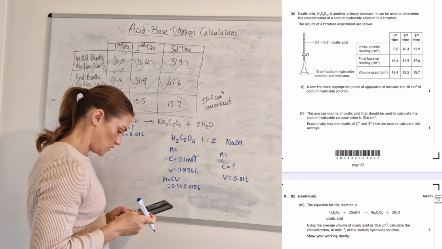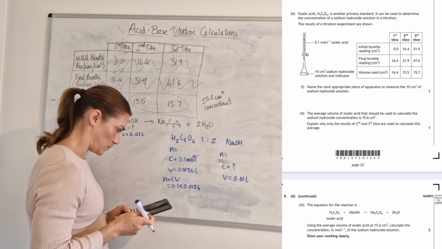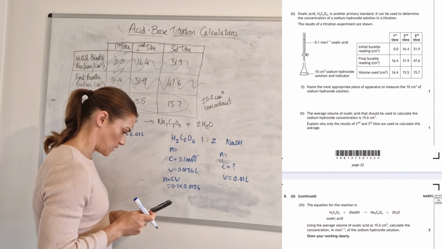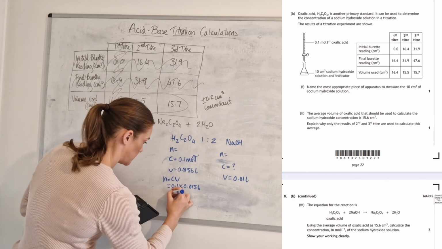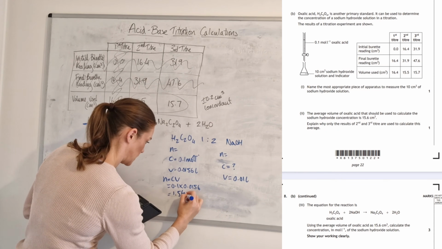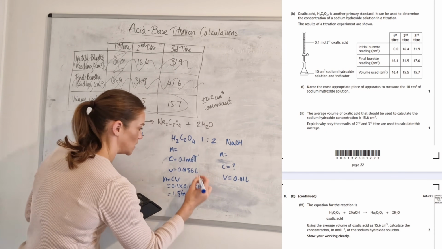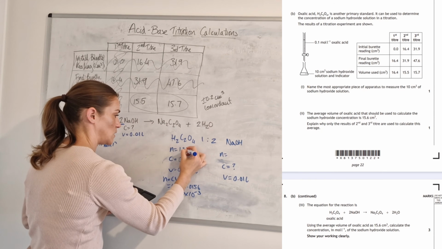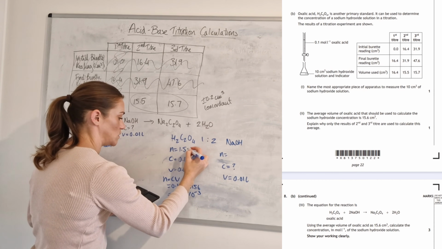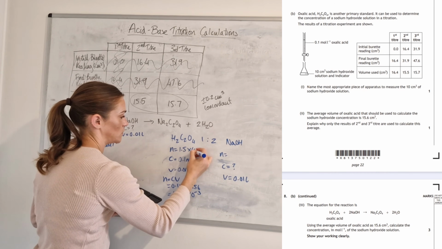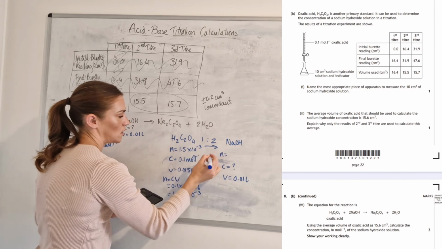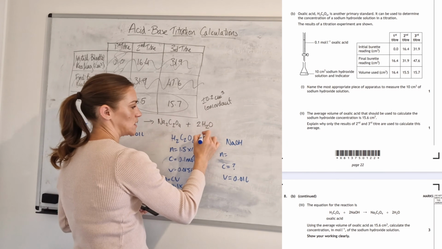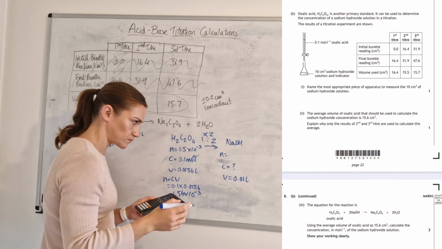So 0.1 times 0.0156 gives us 1.56 times 10 to the minus 3. Again, you don't need to write it in scientific notation. You could have had 0.00156 and that would have also been fine. Going across, it's 1 to 2, so we need to times by 2 this time.